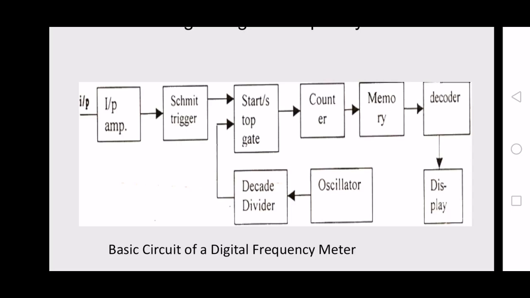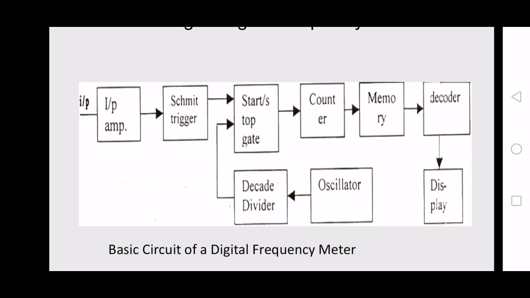Then again we convert the signal from the oscillator by using the Schmitt trigger, which will convert the known signal frequency to square waves. Those square waves or pulses are applied through a decade divider. We call it the time base generator.